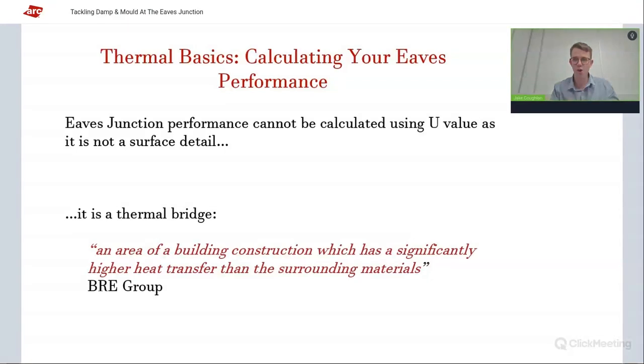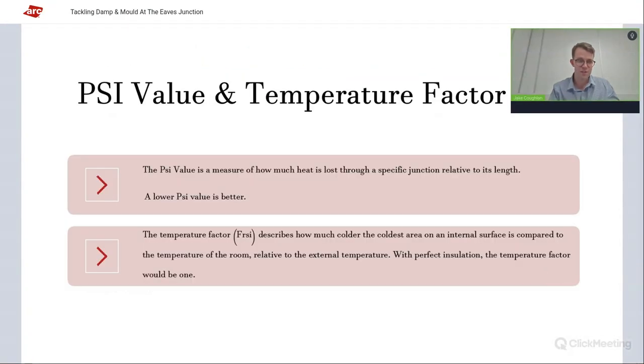And the thermal bridge has a couple of effects. Those effects can be summarized, or I guess captured, always only partially because it's difficult to perfectly describe something. The psi value is a measure of how much heat is lost through a specific junction relative to its length. So that's almost a thermal bridge inversion of the U value.